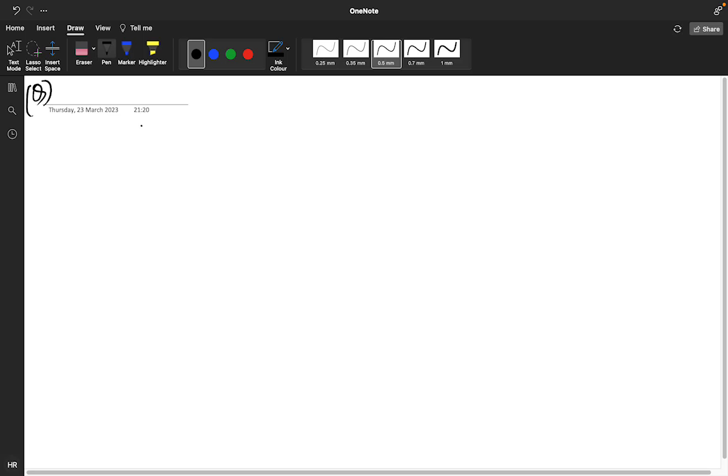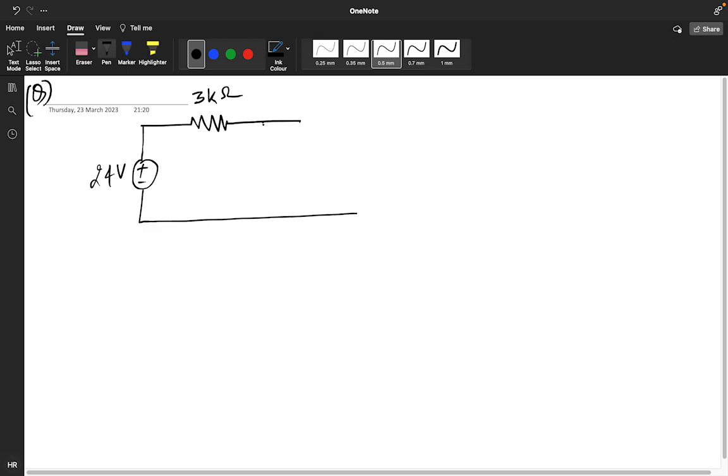In this particular question, you have a 3 kilo ohm, a 24 volt source, a 5 kilo ohm, and initially the switch was like this.